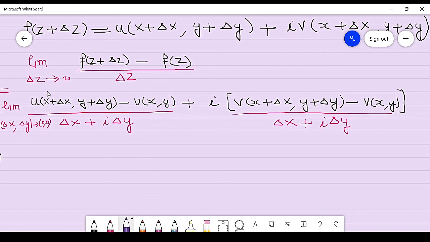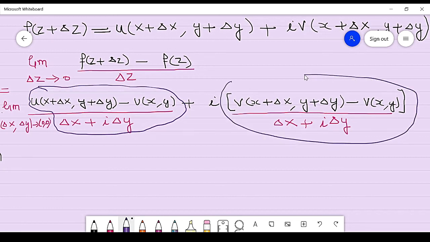This is our first part and this is our second part, and the entire term in the bracket approaches 0. So this is the value of f'(z). By definition, this limit should exist and it should be the same along every path. I write this equation as number 2.